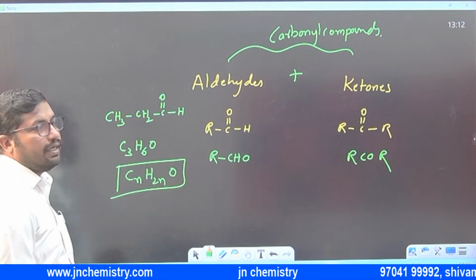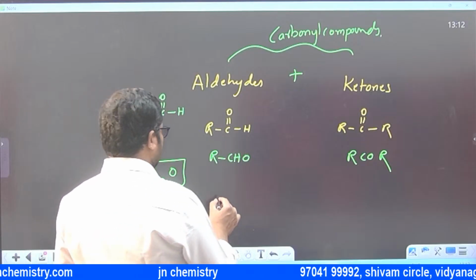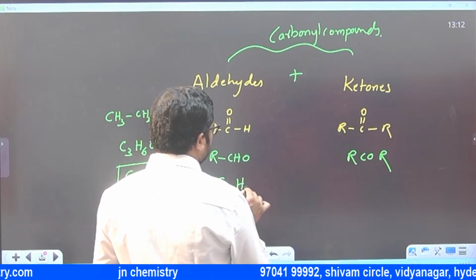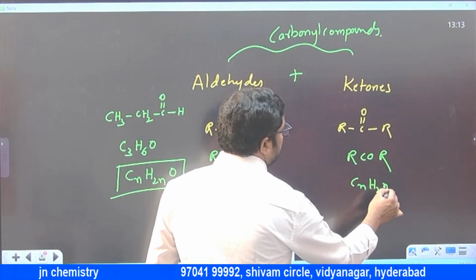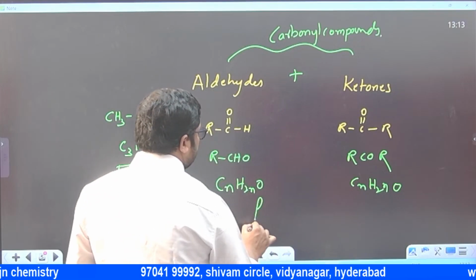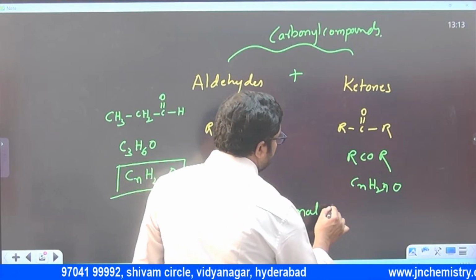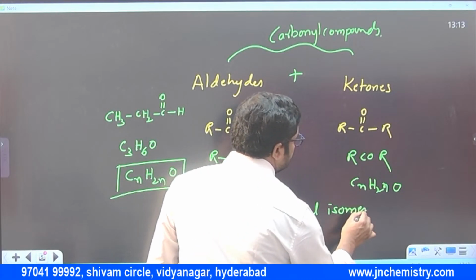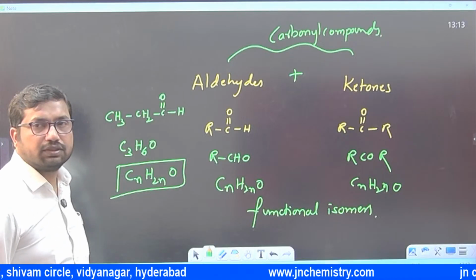So both aldehydes and ketones are having the formula CnH2nO, both are functional isomers.